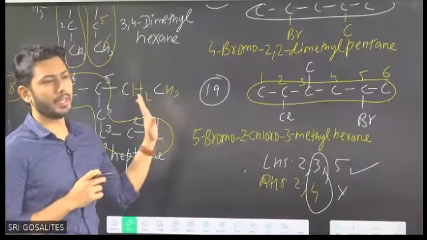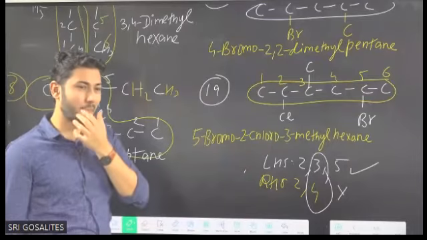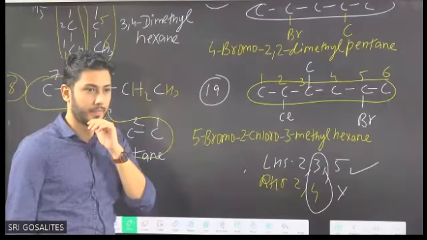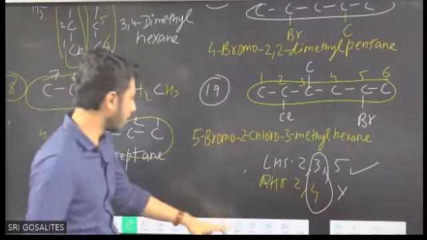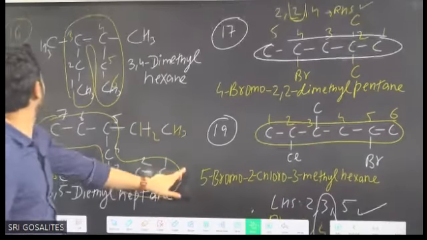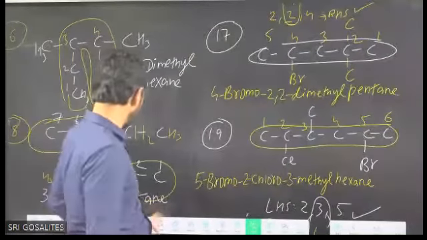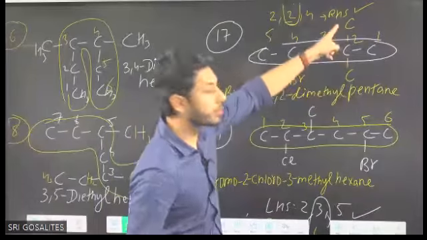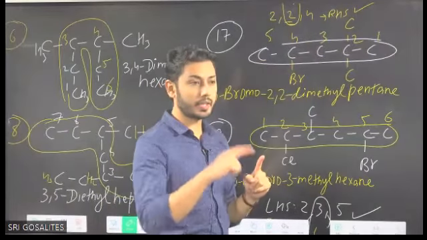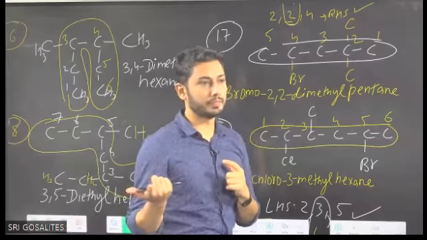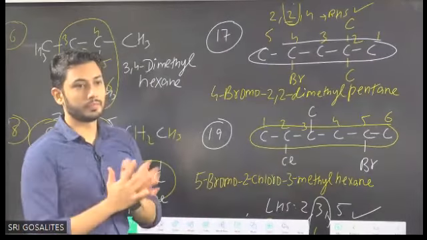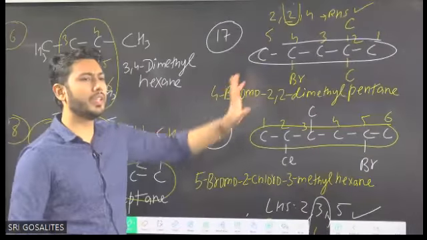This is about alkanes. In the 17th, no functional group. Why? Because in the 17th, bromo methyl is used. As per IUPAC, in yesterday's lecture, halogens are always treated as prefixes.